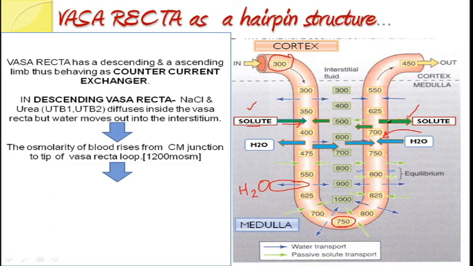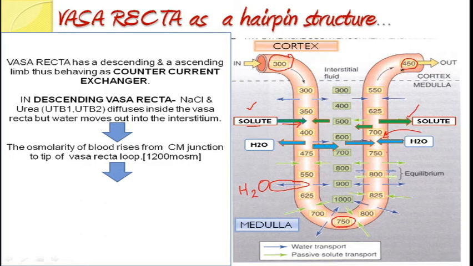Finally, solute moves out and water moves in, ultimately reducing the osmolarity of the blood to around 450 milliosmoles as it moves out of the medulla.